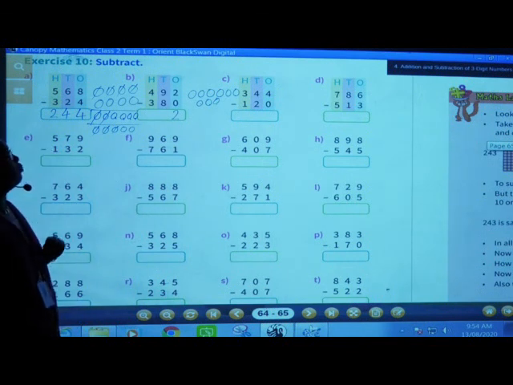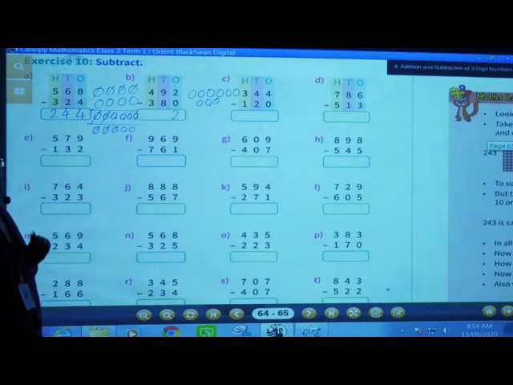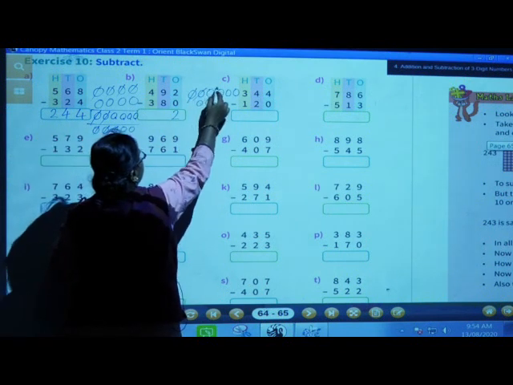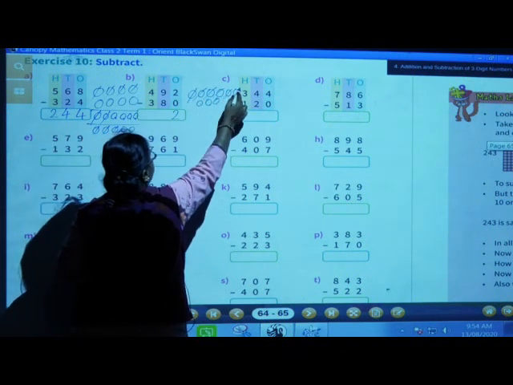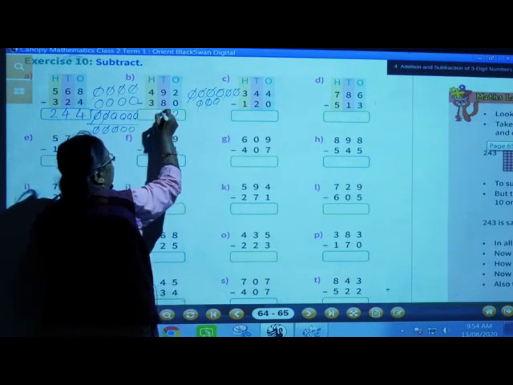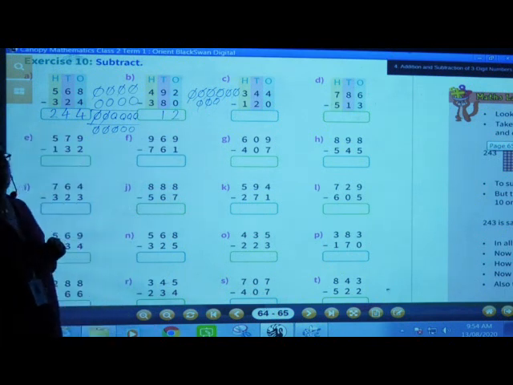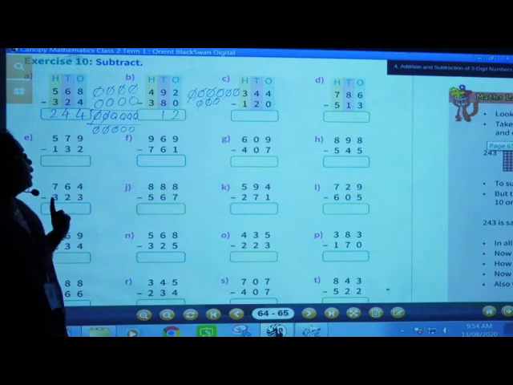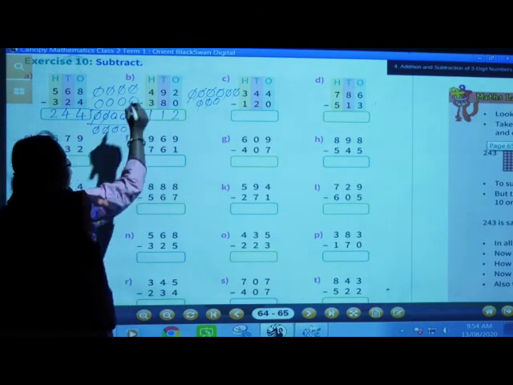From these 9, how much do you want to cut? 8. So 1, 2, 3, 4, 5, 6, 7, 8. How much remains? 1. Then 4 minus 3 is 1.